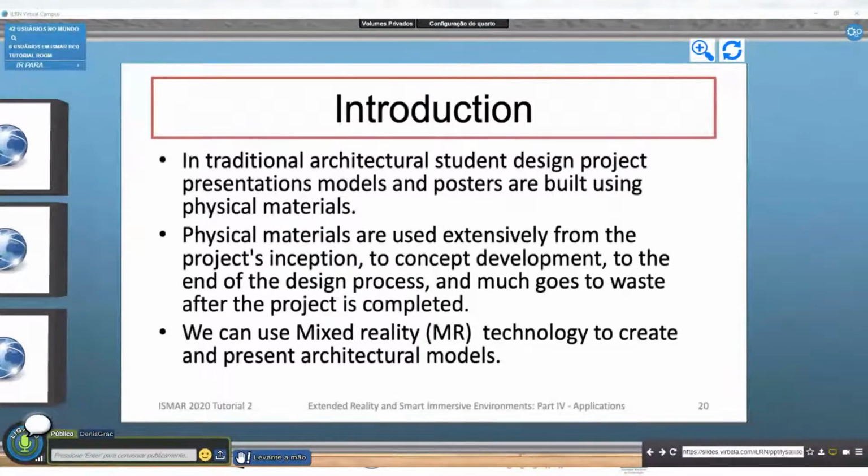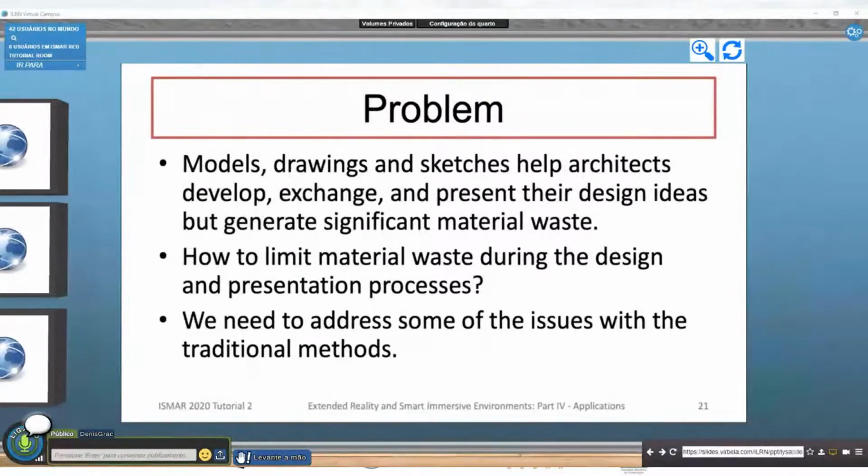So again, the problem that we are trying to address is how to limit material waste during the design and presentation process, and change and adapt traditional architectural design methods to modern technologies.